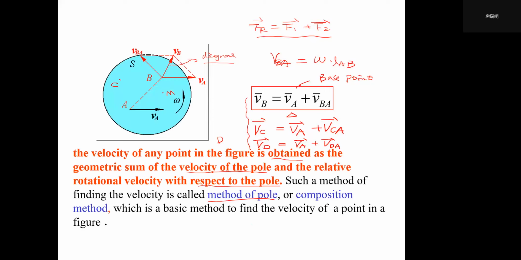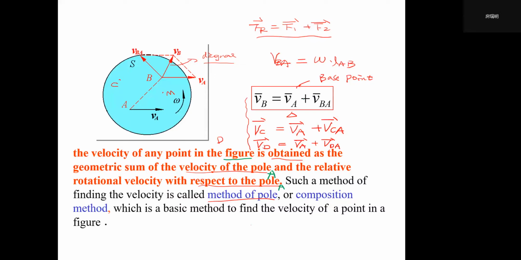So let's see. That's a conclusion. The velocity of any point in the figure which has a plane motion is obtained as the geometric sum of the velocity of the pole A and the relative rotational velocity with respect to pole A. Right?